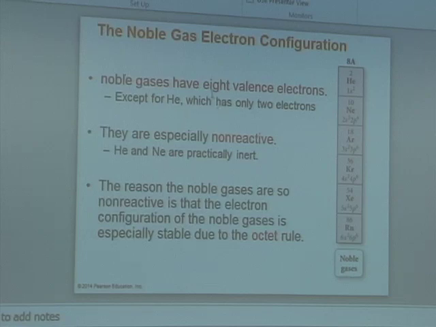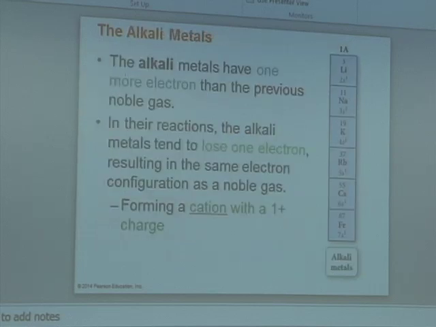We also learned that noble gases have 8 valence electrons, so they are very stable and very unreactive because of the octet rule. However, if we take a look at the alkali metals, they have 1 more electron than the previous noble gas.